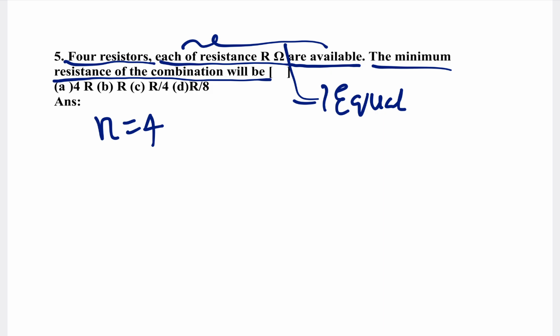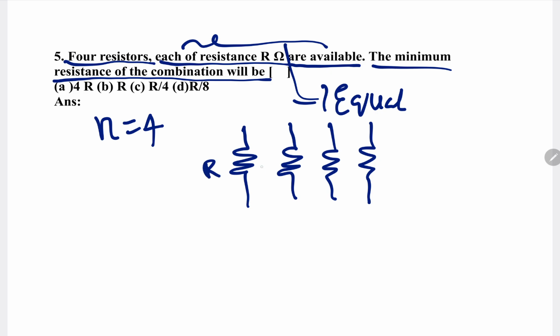See, usually whenever R1, R2, R3, R4 are connected in series, total resistance is R1 plus R2 plus R3 plus R4. Whenever resistors are connected in series, the combination resistance is going to increase, we will get a large value. Whenever resistors are connected in parallel, we will get the least total resistance. So to get the minimum resistance of the combination, all the four resistors must be connected in parallel like this: R1, R2, R3, R4.